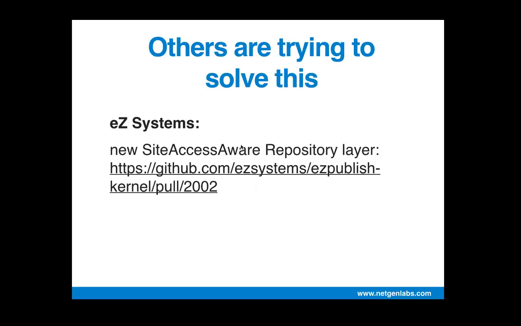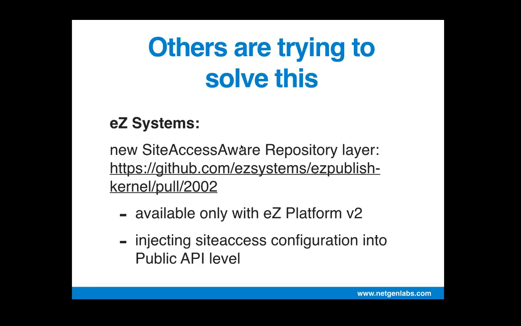Also, Easy is going a bit further with this. They're introducing a site access aware repository layer on top of the public API. This is still not merged, so this is something that will be available in Easy Platform version 2. It's again injecting site access configuration into public API level, which is not something that we like. Again, it will help on multilingual sites.